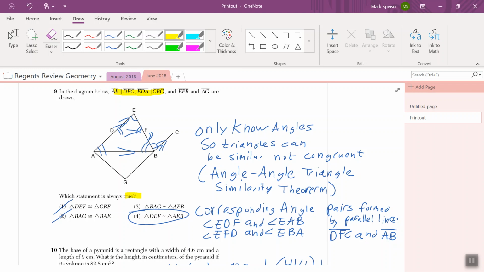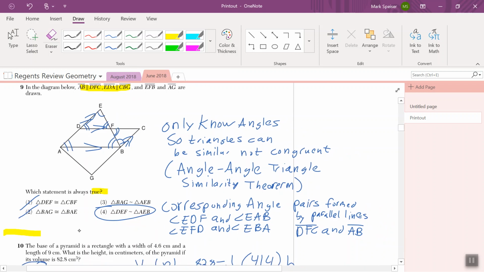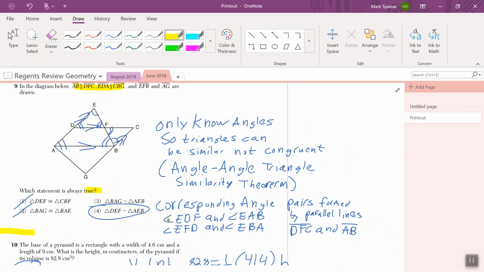The corresponding angles you have are angle EDF and EAB, and angle EFD and EBA. So if you look at the diagram, EDF goes to EAB, and EFD goes to EBA, forming two similar triangles.